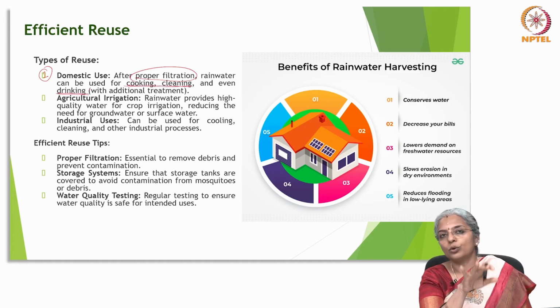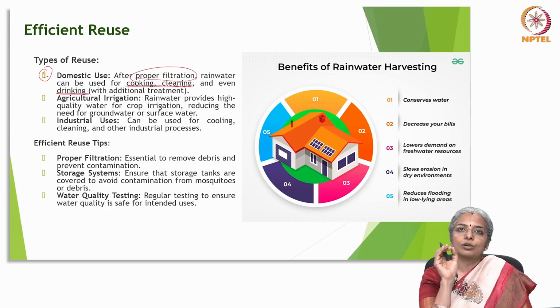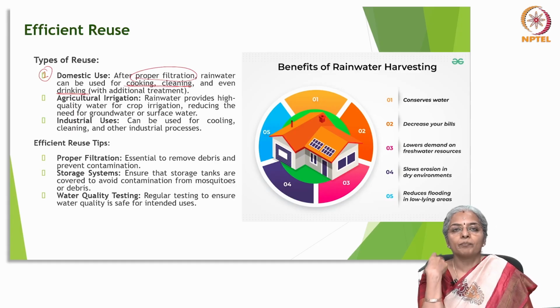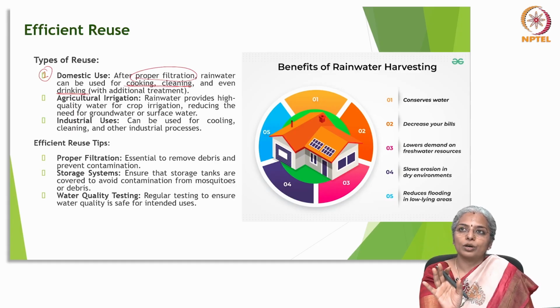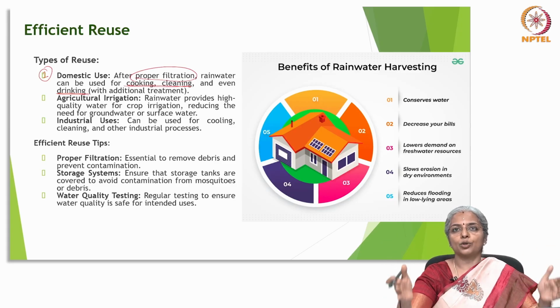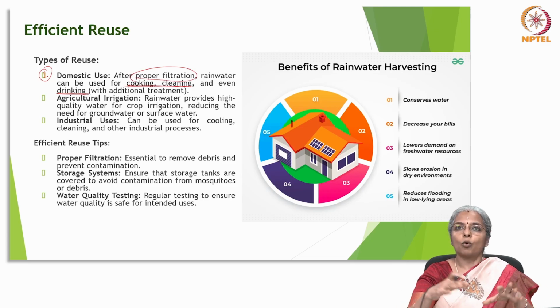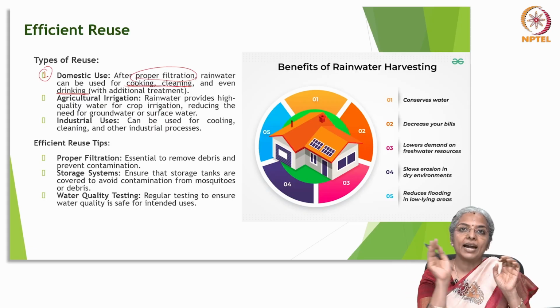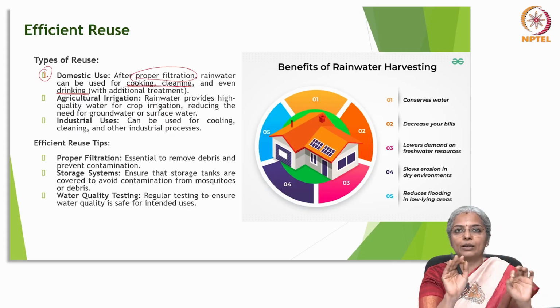See, if you go to any village or small town even today, like it happens in my village, they collect this rainwater in large, blue color plastic tanks, huge plastic tanks. Before the rainy season, they clear the roof, clean it completely and they do not catch the first rainwater.